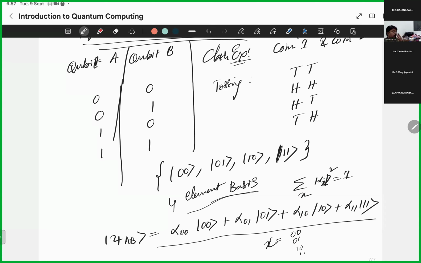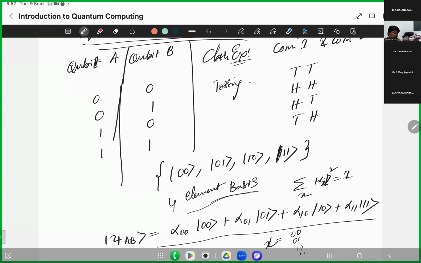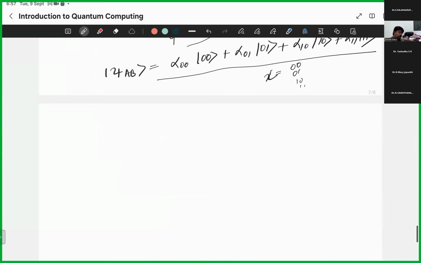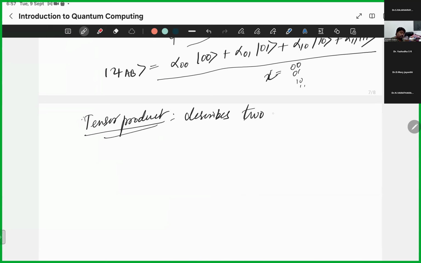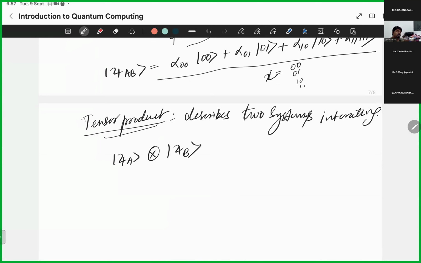So, like in mathematics, if I want to represent 2 systems brought together, the tensor product is used. The tensor product describes 2 systems interacting. Let's say there is a quantum state A and a quantum state B. This is a tensor product.